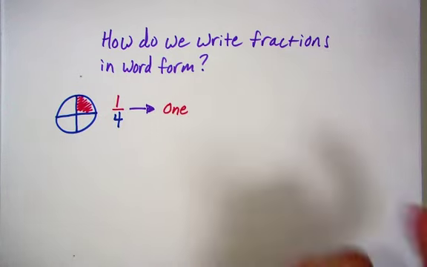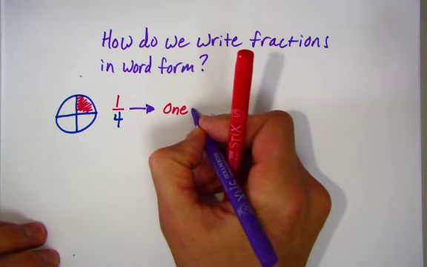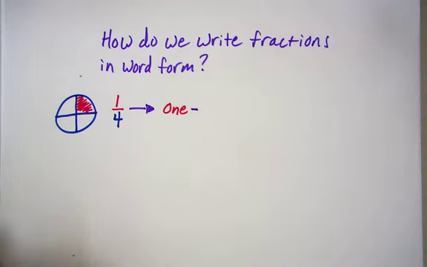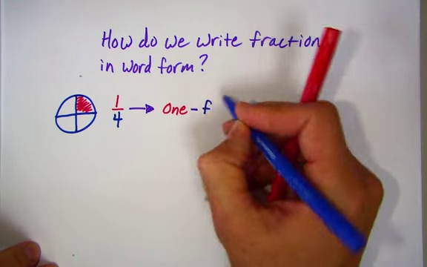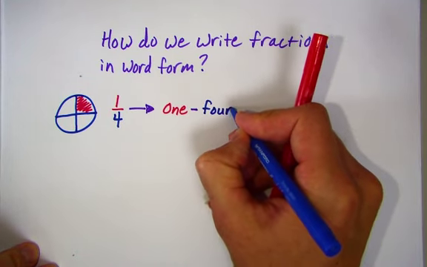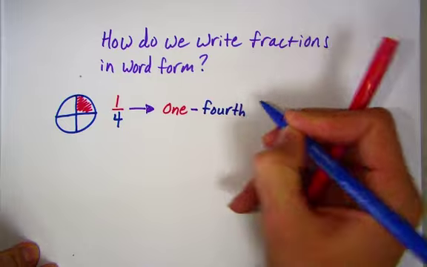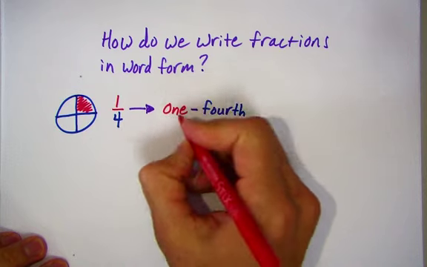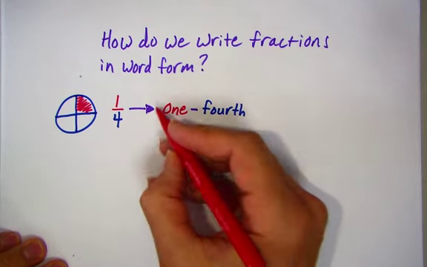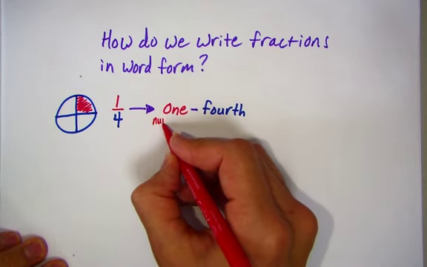And now, how do we spell fourth, though? Let me put a little hyphen here to separate the numerator and denominator. And then let's go ahead and write fourth. Okay. Now let's take a closer look at this. 1 represents this red one right here, which is the numerator.